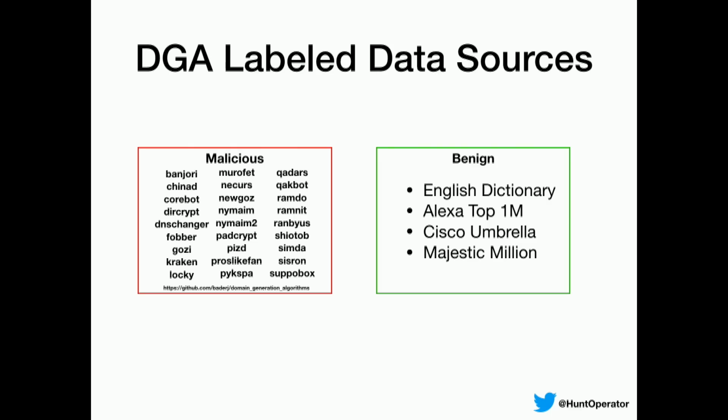For DGA labeled data sources, I'd like to think APT33 and APT3, but there's all kinds of malicious data sources, and the DGA algorithms themselves are available. What that allows you, as a defender, to do is pull those DGA algorithms down and just generate your own domains. And now you're building your labeled data set.